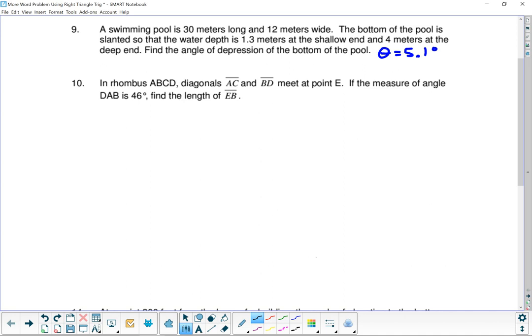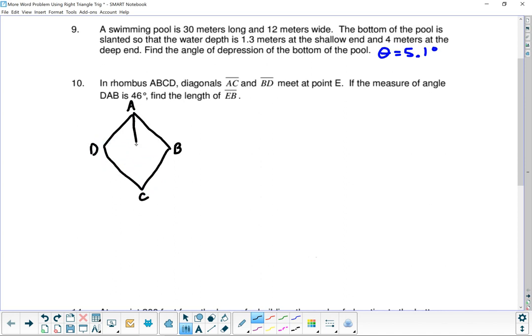Okay, so a rhombus is kind of like a kite, but it's actually perfect. A rhombus is actually a diamond. So that means that all four sides are exactly the same. So we'll label it A, B. You can label it any way you want. C, D. It's going to end up being the same.